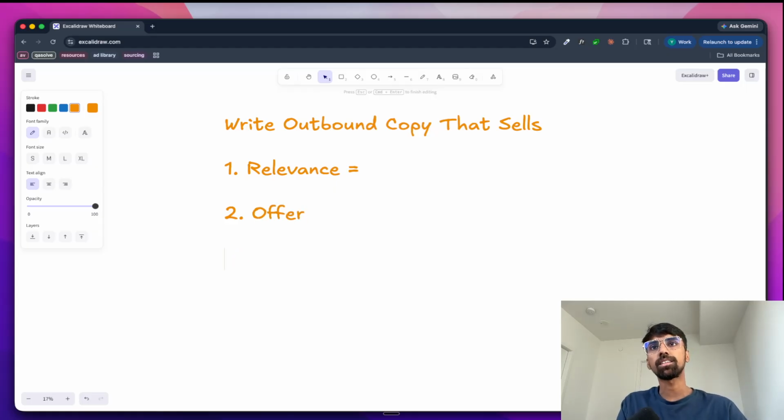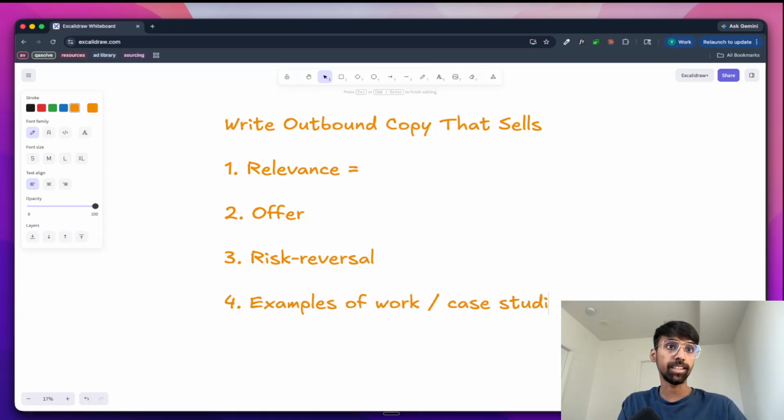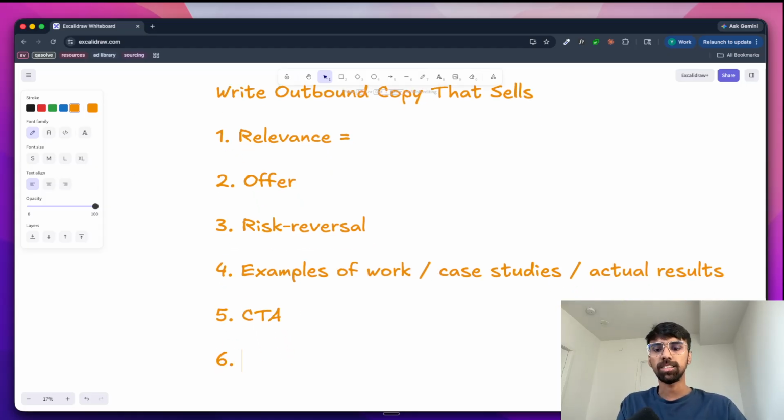The third part is risk reversal. The fourth part is examples of work, or you can also call it case studies, or actual results. The fifth part is CTA, and the sixth part is probably signature.